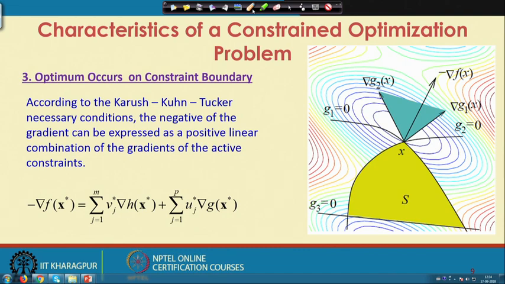The active constraints are G1 and G2. G3 is inactive. Point x is optimal. So, the negative of the gradient of the objective function can be expressed as a positive linear combination of the gradients of the active constraints G1 and G2.